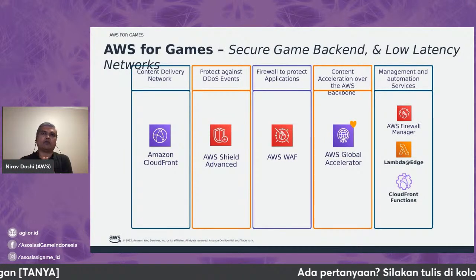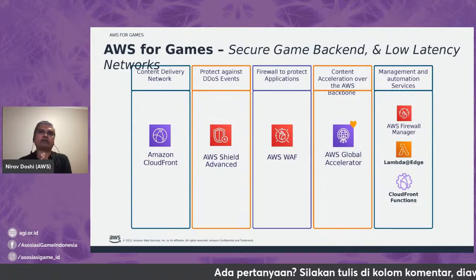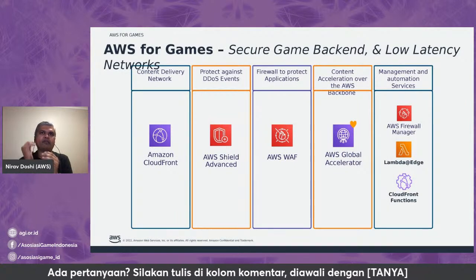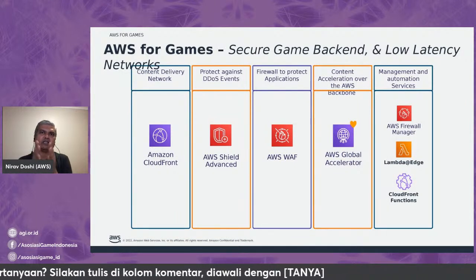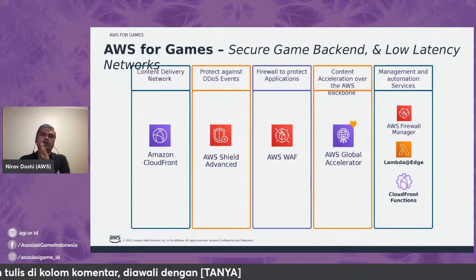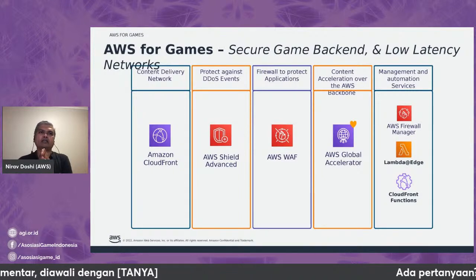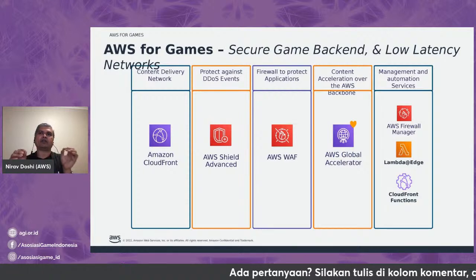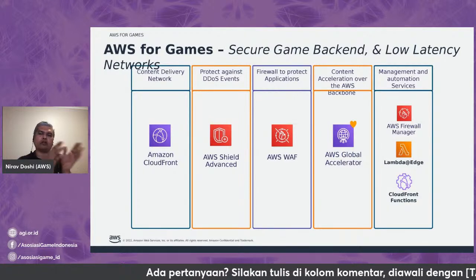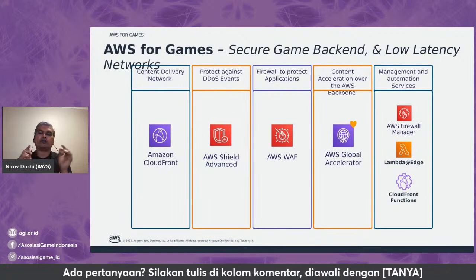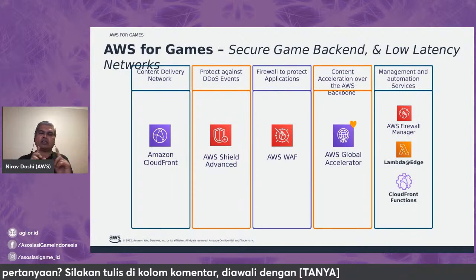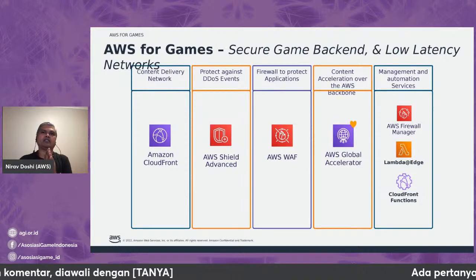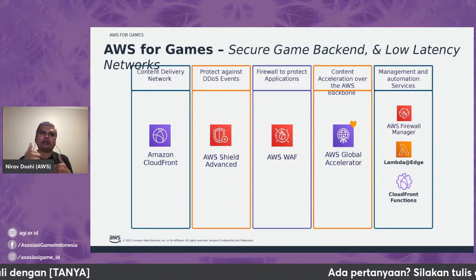Beyond all of this, one of the services that most game studios have benefited from and have loved is AWS Global Accelerator. Global Accelerator brings the benefit of our 400-plus points of presence that we saw in the global infrastructure slide. It uses these points of presence to reduce the latency between your player and your server.